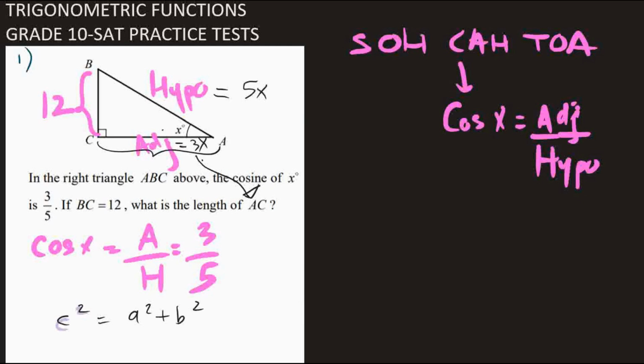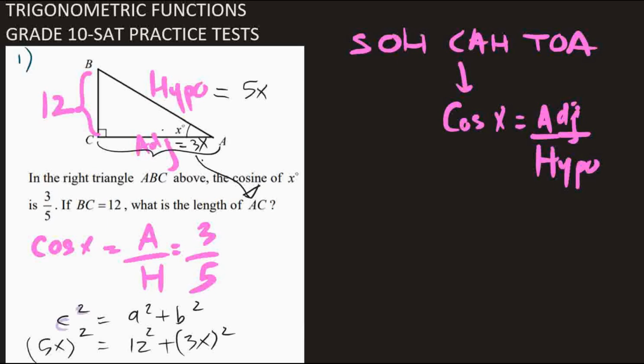Here c squared is the hypotenuse, 5x squared, equals a squared, the side opposite angle A, which is 12 squared, plus b squared, the side opposite angle B, which is 3x squared.